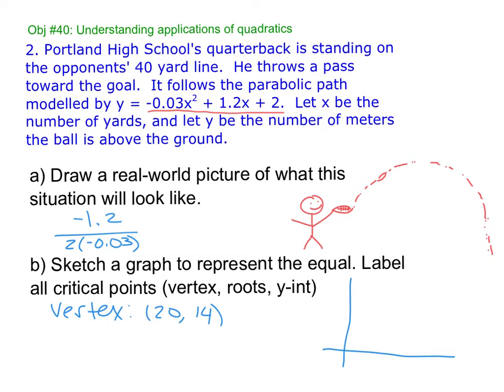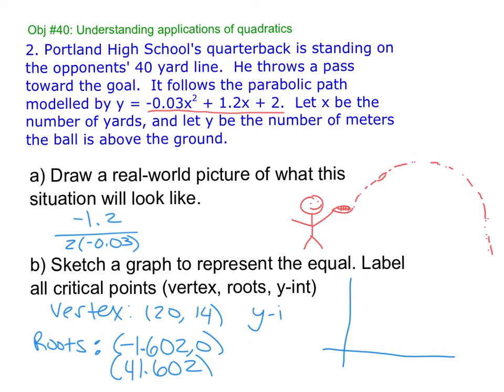And then my zeros, or my roots, let's see what we get there. All right, so I use the calculator. You could do quadratic formula also if you want. I got negative 1.602, 0, and 41.602. And then the y-intercept is 2. What do you think the y-intercept represents in this problem?